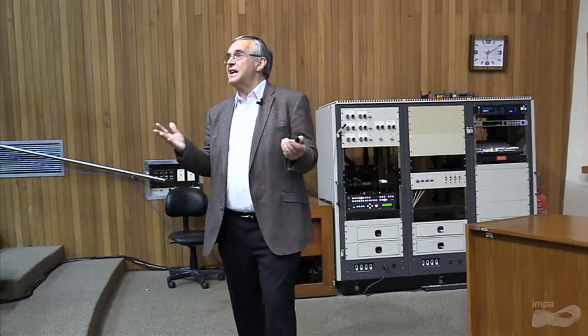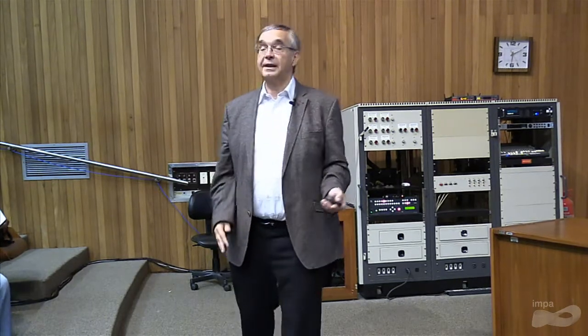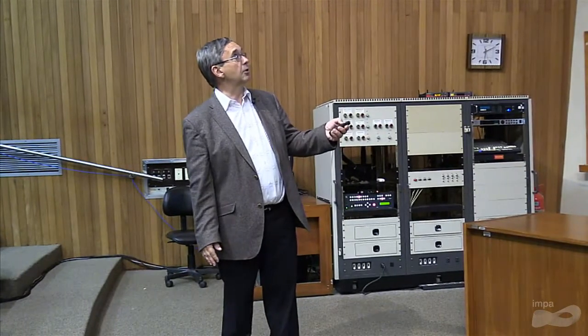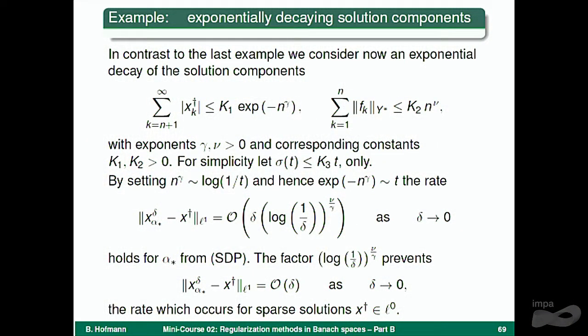Then the rate should be nearly the same rate as we had when we really had sparsity with finitely many non-zeros. And really we can do it. Exponential decay of these and other things in the same way.